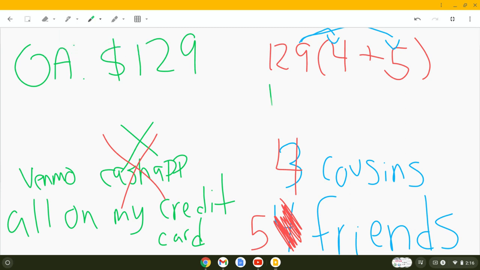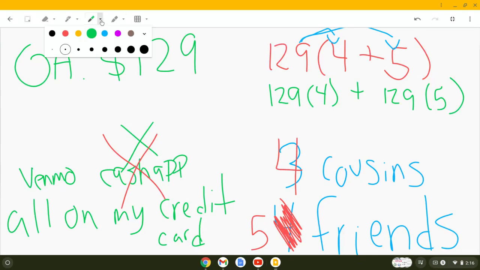So what that means is I'm going to be multiplying $129 amongst the 4 cousins, plus I'm going to be multiplying the $129 amongst my 5 other friends. So now I can multiply 129 with 4.